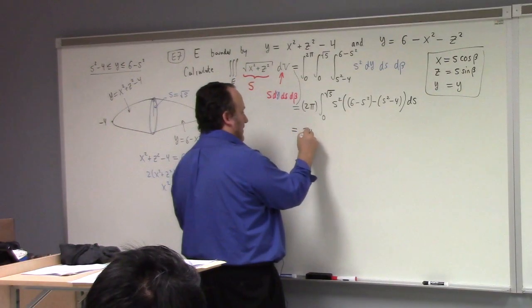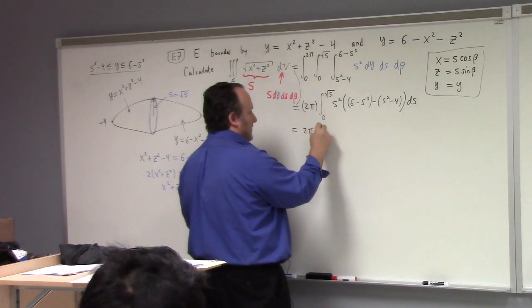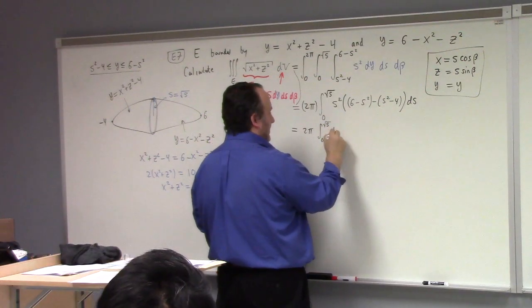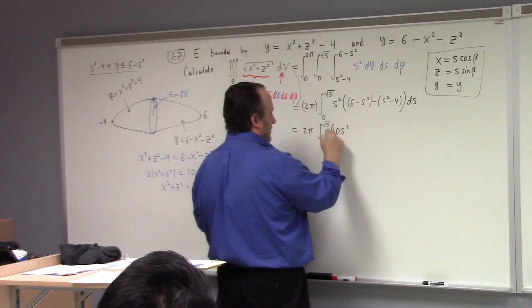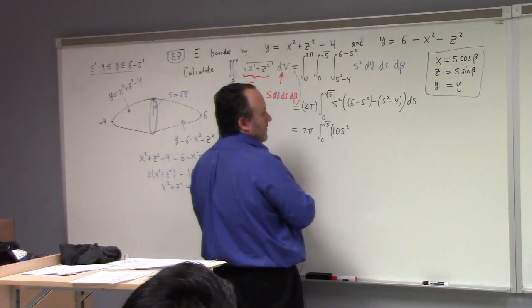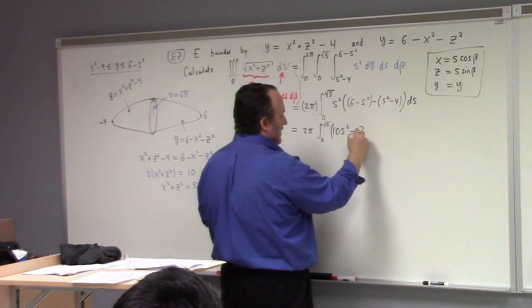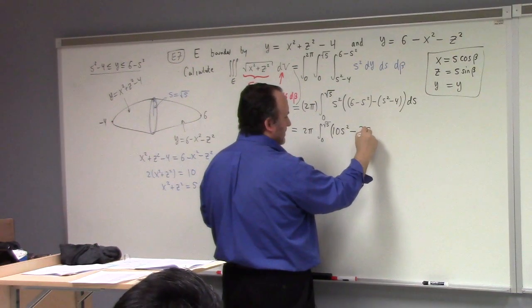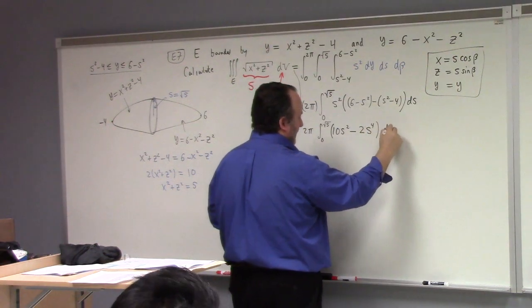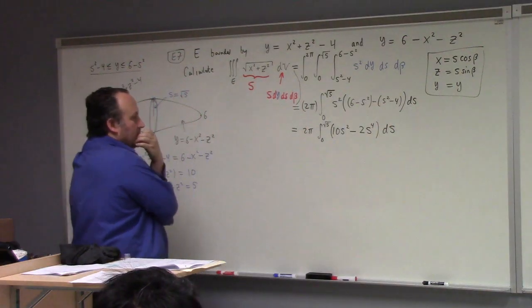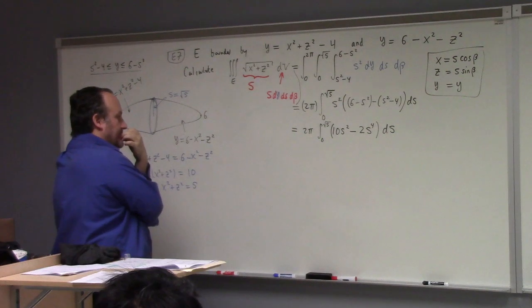So we got 2 pi integral from 0 to the square root of 5. We get a 10 s squared, right? And minus 2s to the 4th. All right.